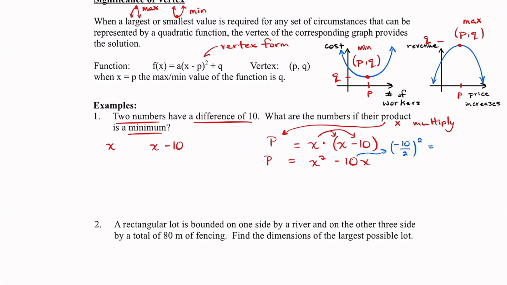That gives me my plus and minus numbers. So that gives me minus 5. Square that, I get 25. So I've got P equals x squared minus 10x plus 25 minus 25.